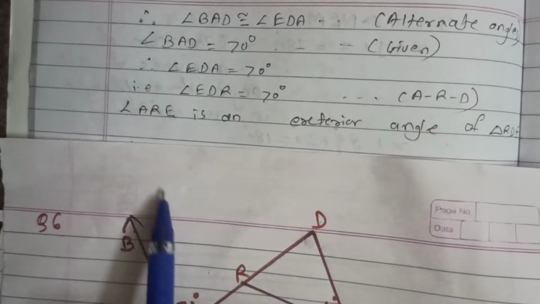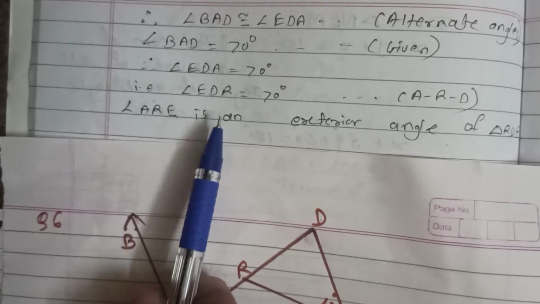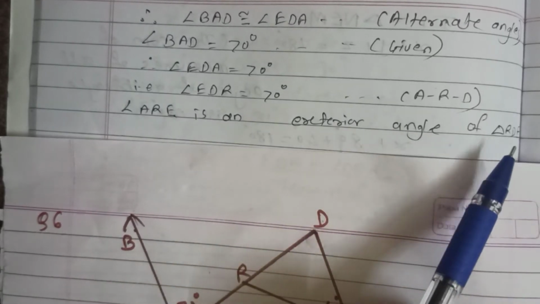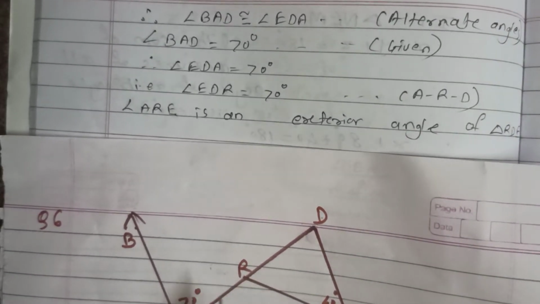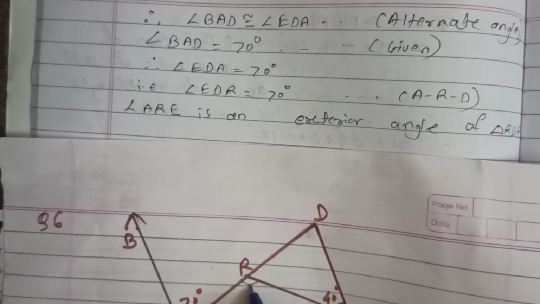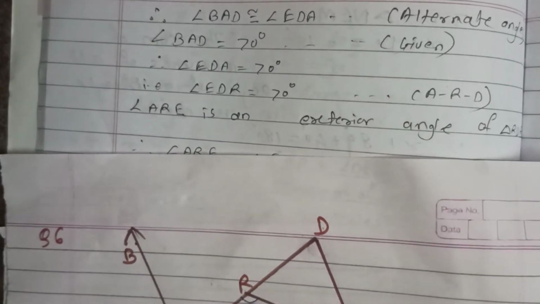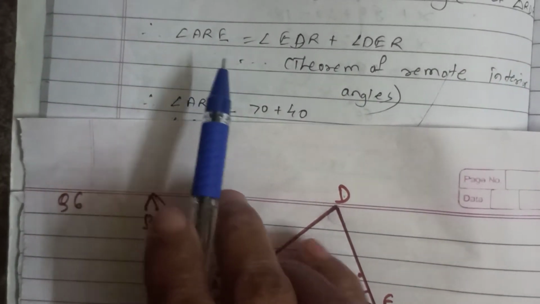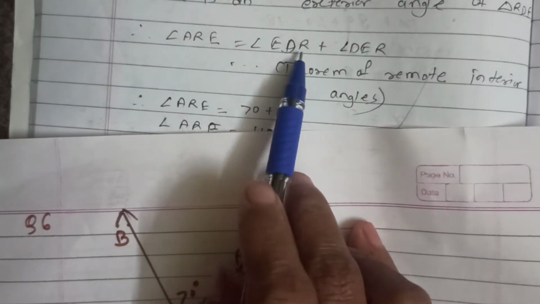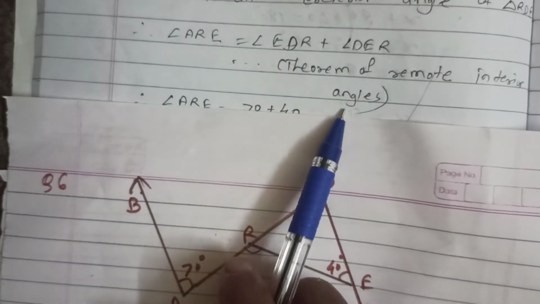Next, angle ARE is an exterior angle of triangle RDE. This angle ARE is the exterior angle of this triangle. Now we can find this also. Angle ARE is equal to the sum of angle EDR plus angle DER, by the theorem of remote interior angles.